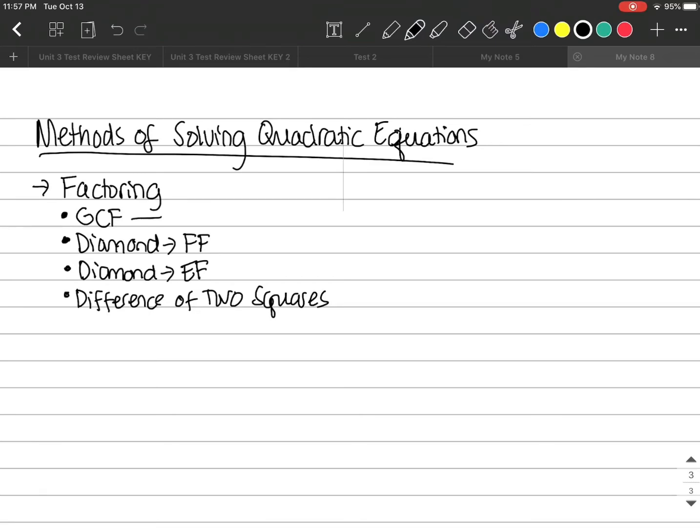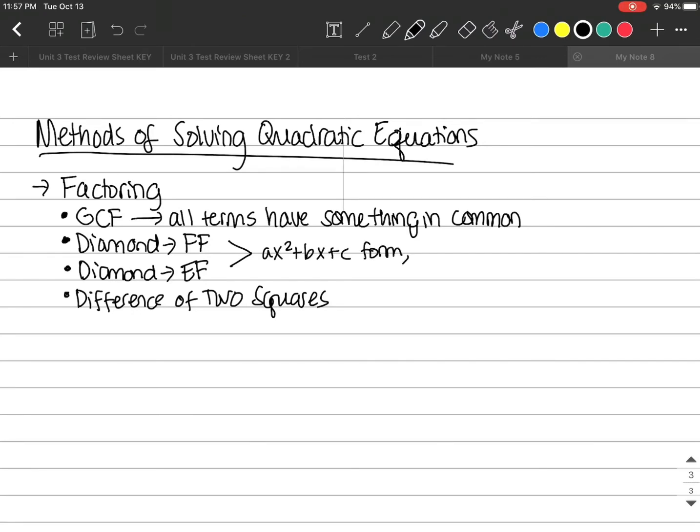So I know that GCF exists if all terms have something in common. I know that diamond to factored form works if I have ax squared plus bx plus c form and the diamond works.